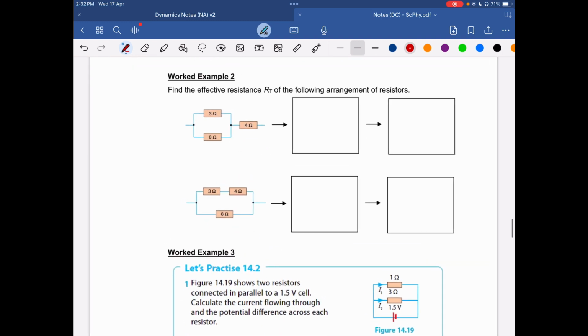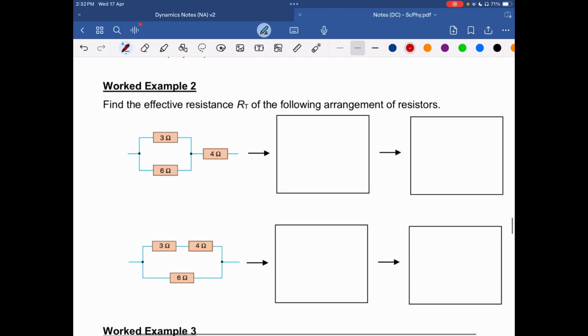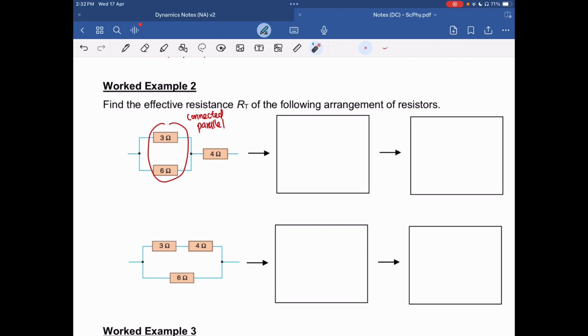So let's look at worked example 2. Let's calculate the effective resistance of the following parallel circuits. If you look at this, there are three components, two of which are connected in parallel, and then they are both connected in series with the 4 ohms.